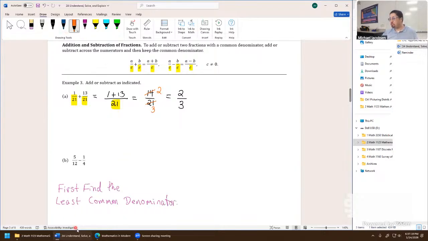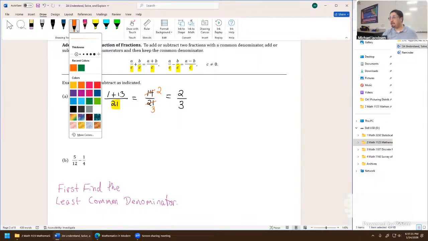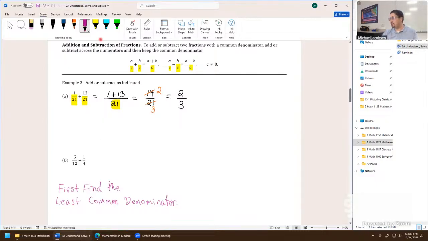And it's really not too bad for a lot of problems. First, let's think about what do we even mean when we say least common denominator, often abbreviated as LCD for least common denominator. You'll know you have a least common denominator when this is the smallest number both denominators divide evenly into.